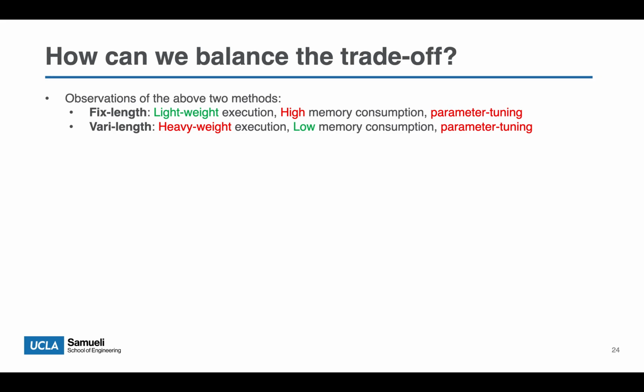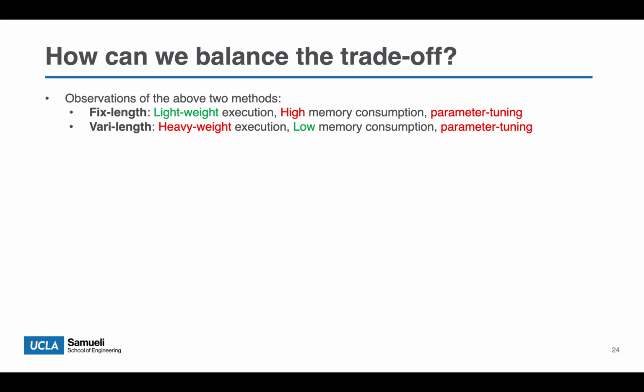Now, some observations of the 2 methods. For the fixed length, it is a lightweight execution, because it makes the decision in big O of 1 and then just compresses. The memory consumption is high because the split is not optimal. For the vary length, the execution is heavyweight because every time the buffer is full, it needs to perform the DP method.